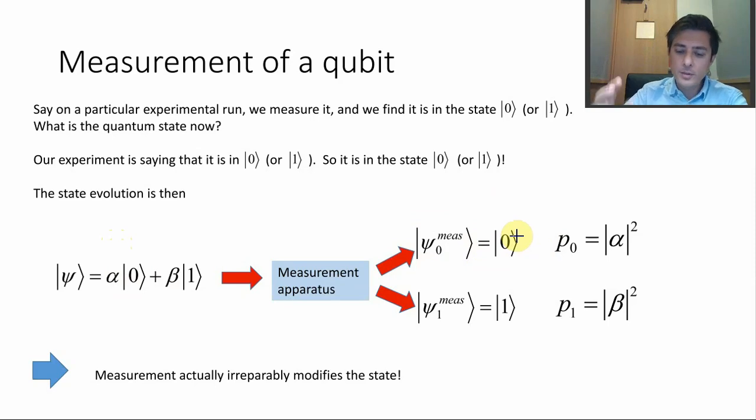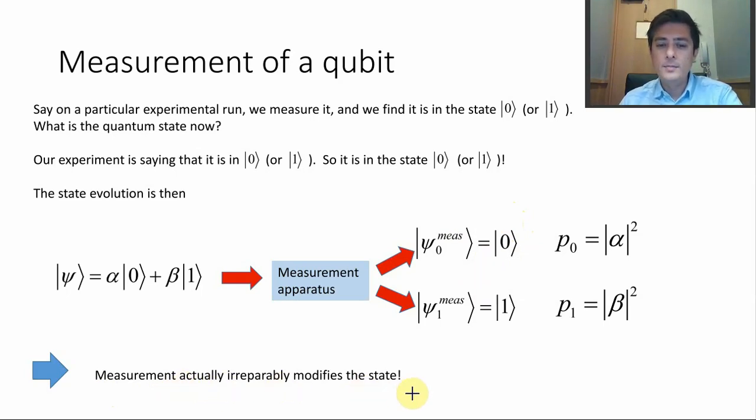After you've measured it, it actually changes into this state 0. So there's a kind of complete change. By measuring the quantum state, you've also slightly destroyed the actual state. The measurement irreparably modifies the state.